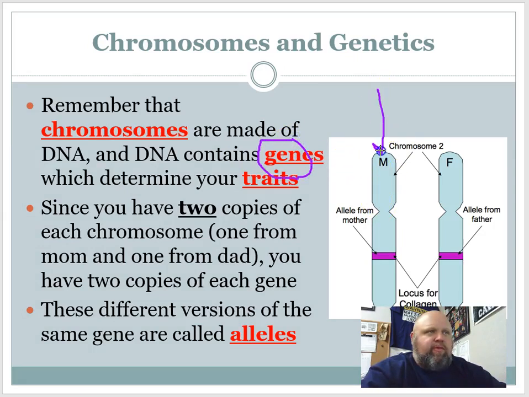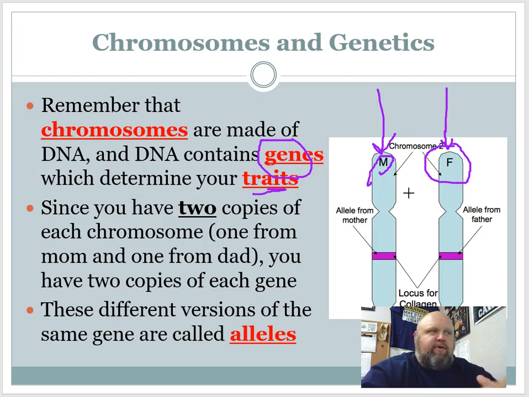Here's chromosome 1, it has a pair, and we get our traits from those chromosomes. Since you have 2 copies of each chromosome, one came from mom, one came from dad, you've got 2 copies of each gene. Now, we call those alleles.